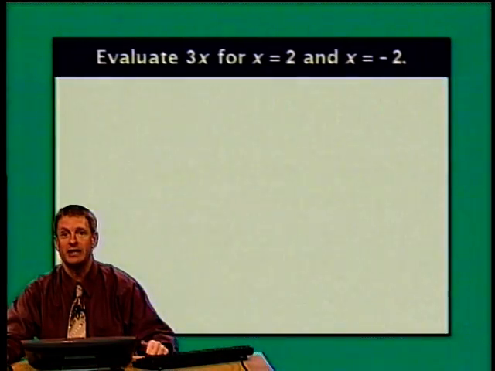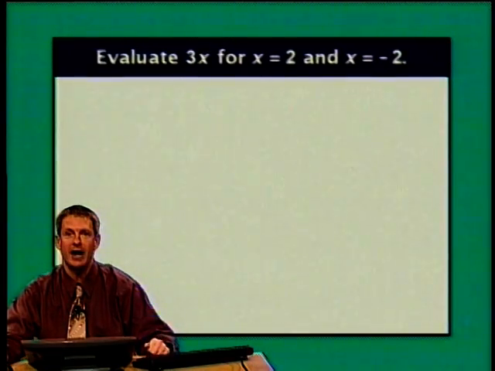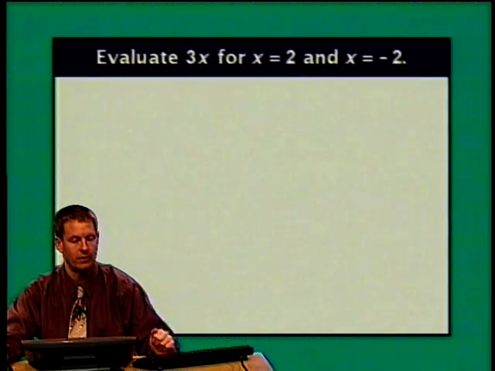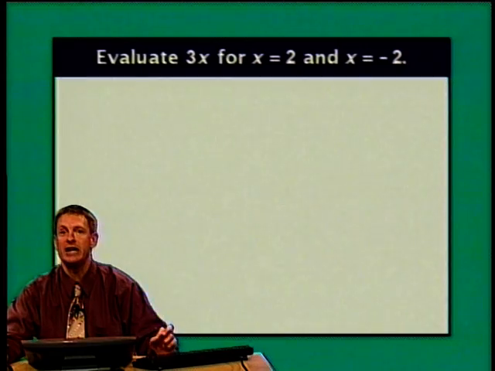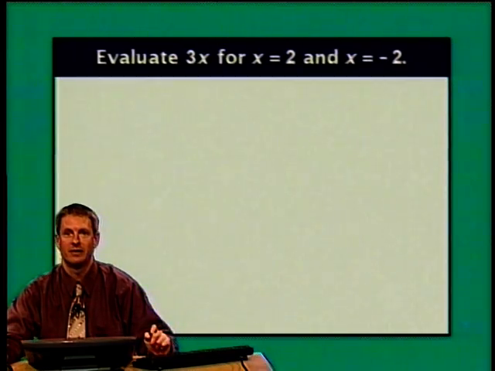Let's begin with the example, evaluate 3x for x equals 2 and x equals negative 2. What people will casually say sometimes is that we need to write down, for example, 2 rather than x, or negative 2 rather than x.